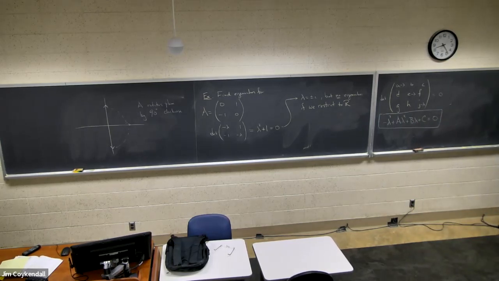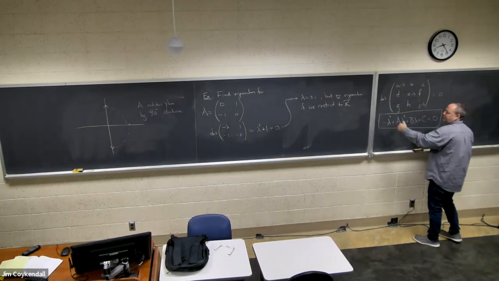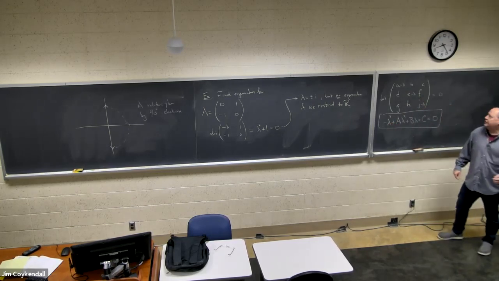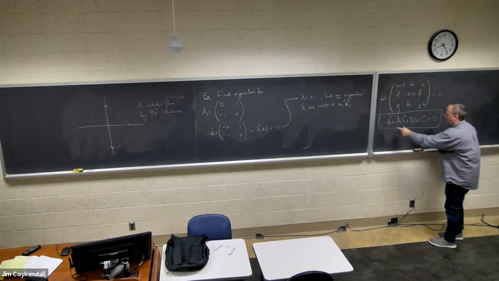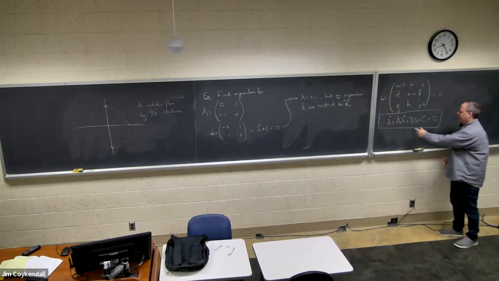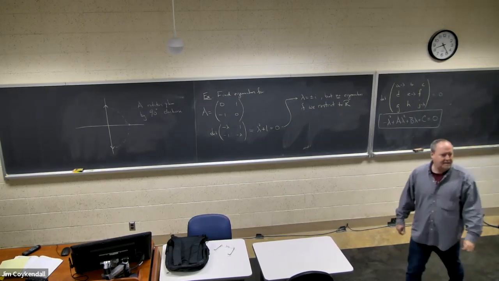Everybody agree with that? And actually, because we've got minuses and it's an odd power, it'll be minus lambda cubed, but that doesn't matter that much. And yes, there will be some lambda squareds in there. I don't know what they are. I'll call it A. And there'll be some lambdas in there, and there'll be some numbers in there. Everybody okay with that?